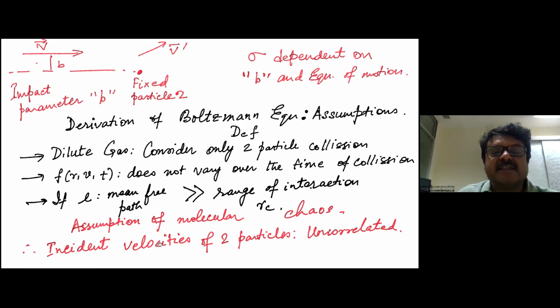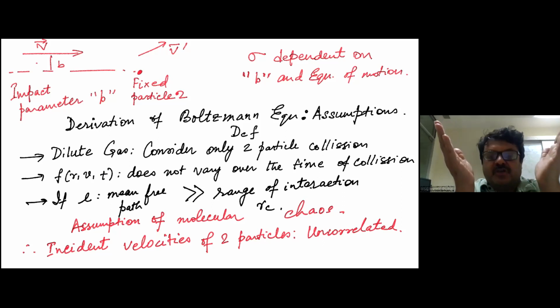a consequence of which is that one considers the incident velocities of the two particles to be uncorrelated. If they were interacting even as they were approaching each other from large distances, then their velocities would be correlated just after their previous collision, and the two particles would continuously see each other and change their path of collision.